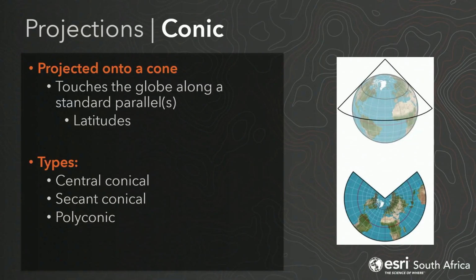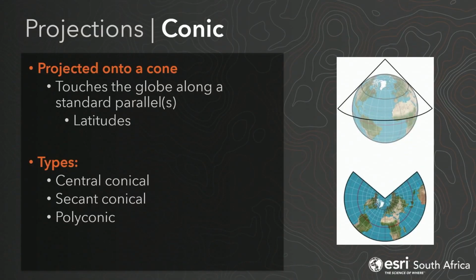Those are typically latitudes. Of the projections we use in South Africa, one is Lambert's conformal conic and the other is Albers equal area, and standard parallels are very important and need to be taken into account. Polyconic, secant conical and central conical are some of the projections. We use a conic projection in both Lambert's and Albers, so we will touch on those a bit later.